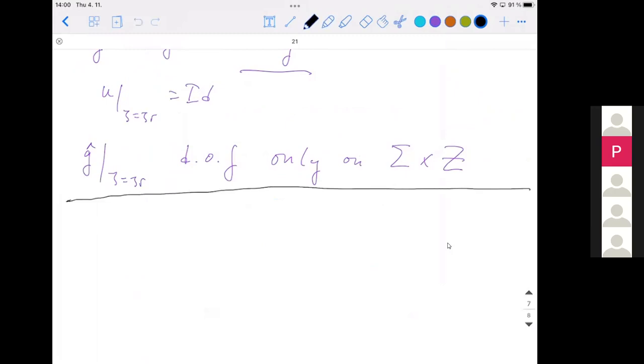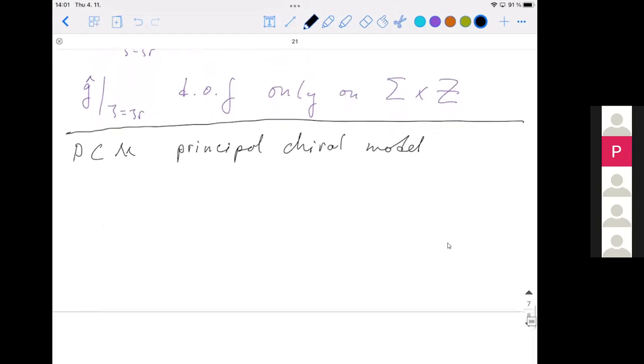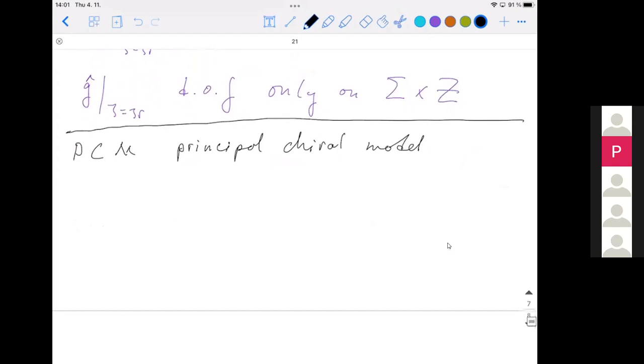Okay, now PCM model. What's the name? Chiral. Principal chiral model. Yeah, principal chiral model. So I think it's the simplest possible model. In this case, we can choose omega to be this.